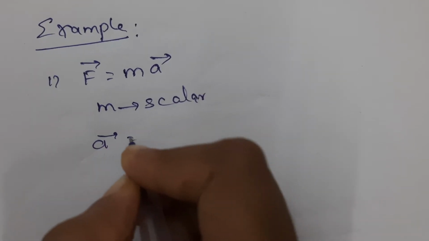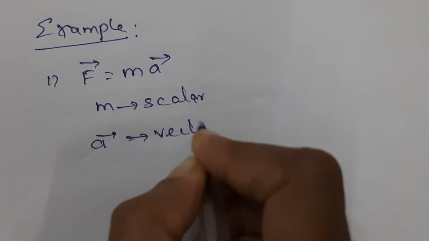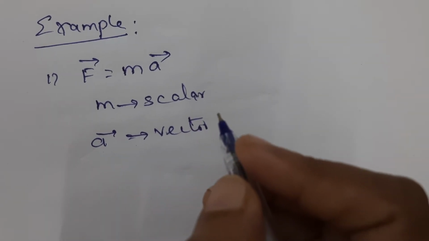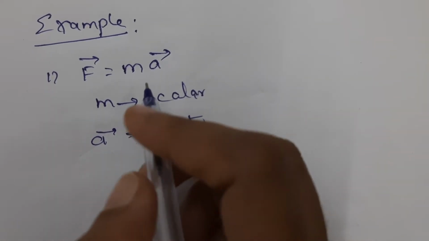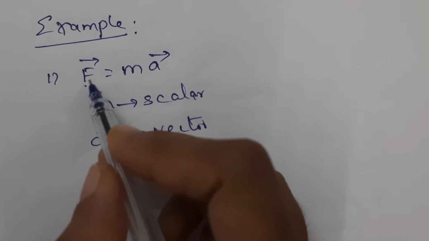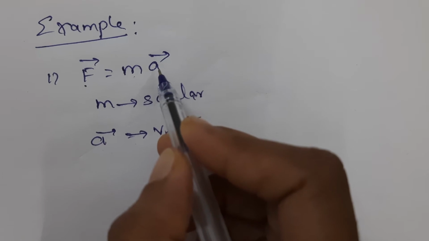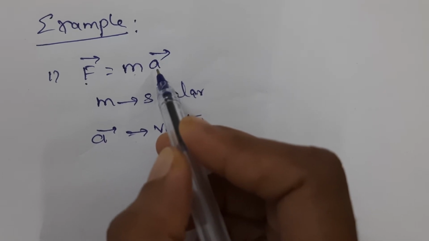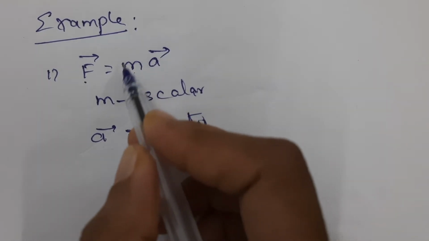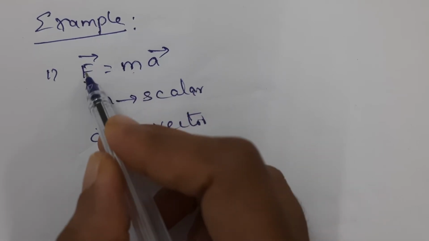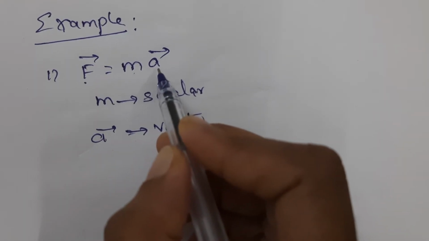Acceleration is a vector quantity. So force is a vector quantity obtained by scalar multiplication of a vector. M is always a positive scalar, so the direction of force is in the direction of acceleration.